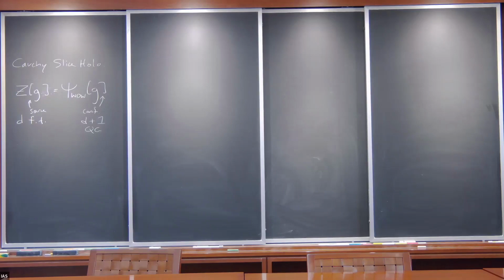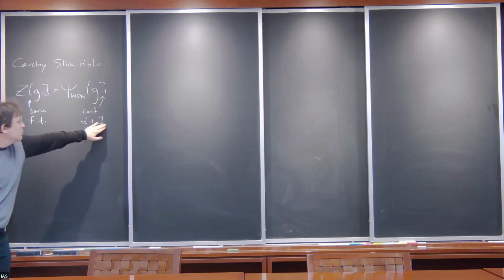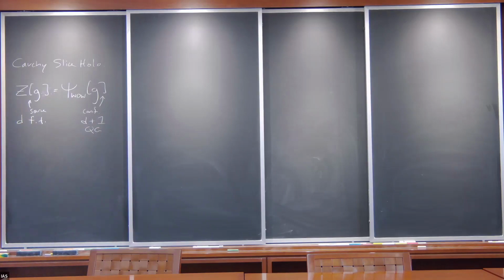But the thing that's going to make it Cauchy slice holography is we'll be interested in this theory as it exists on a space-like surface where time is the emergent dimension, and so this +1 is the time direction as you would usually have in the Wheeler-DeWitt formalism.